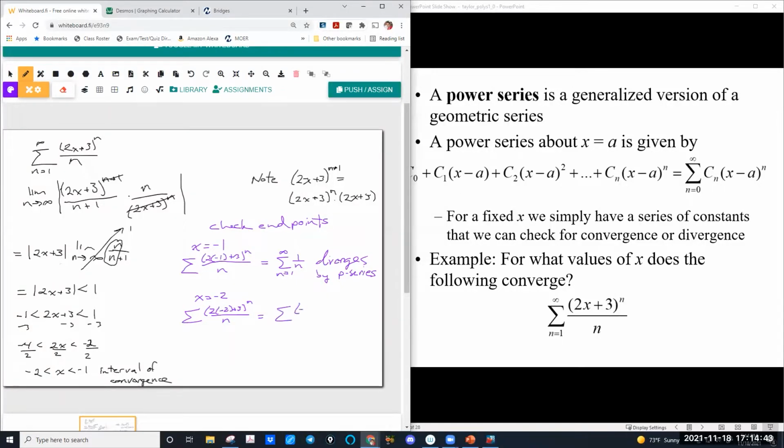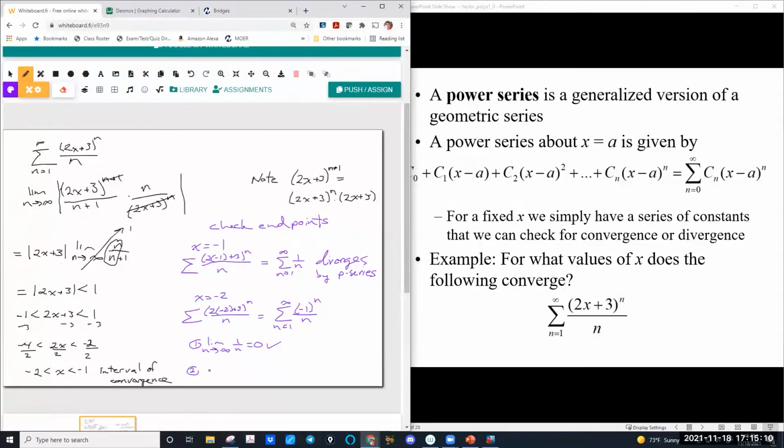So this actually ends up becoming -1 to the n over n from 1 to infinity. This one is an alternating series. For an alternating series, there's two things we have to check. The limit as n goes to infinity of 1 over n equals 0, check.